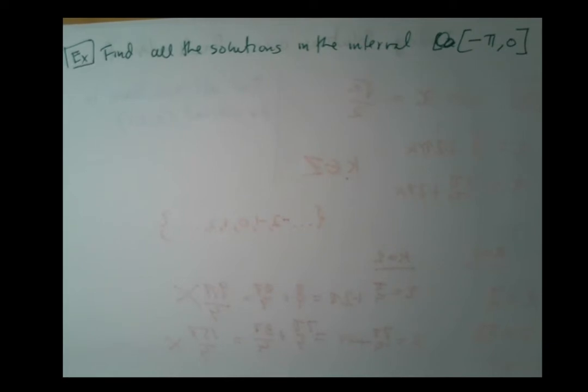Okay, so we're looking for values that fall between negative pi and 0, like negative pi over 2, negative 3 pi over 4, etc.